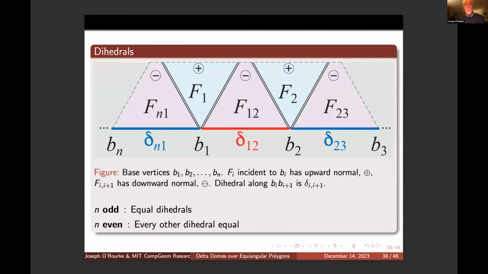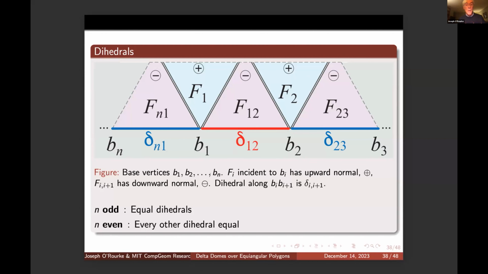So here's the situation along, let's say this is the base and the base vertices, and I've just drawn it completely flat as an abstract picture. And the plus here means that this points up, and these two point down, and that pattern continues.